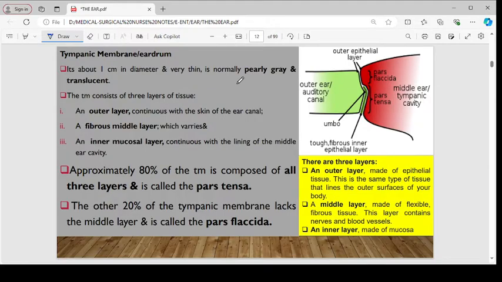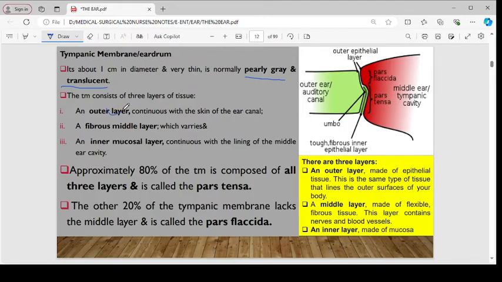So the tympanic membrane can now be looked at in digits, in that we know it is about 1 centimeter in diameter and is very thin. In terms of color, it's fairly gray and translucent. This tympanic membrane, or the eardrum, as it is commonly known, normally consists of 3 layers.